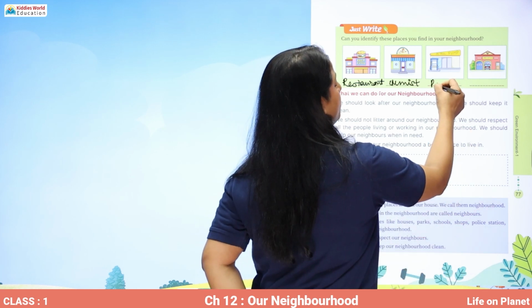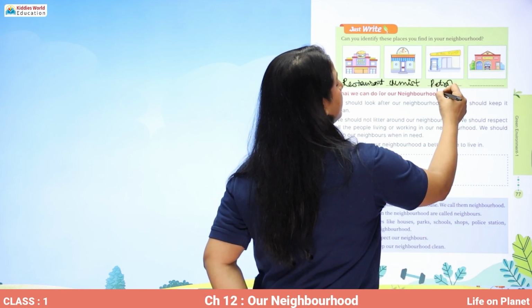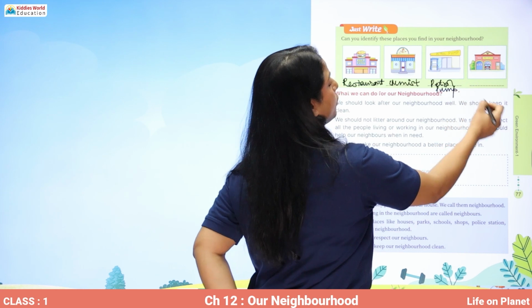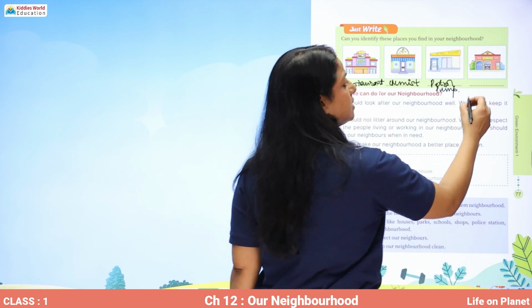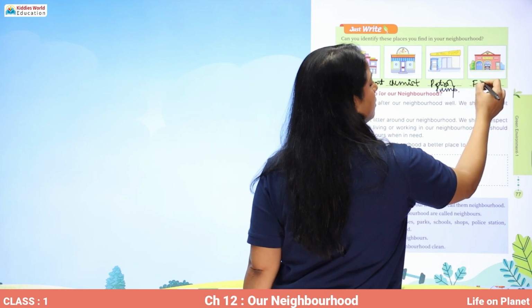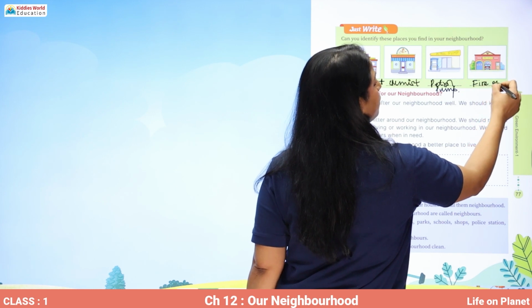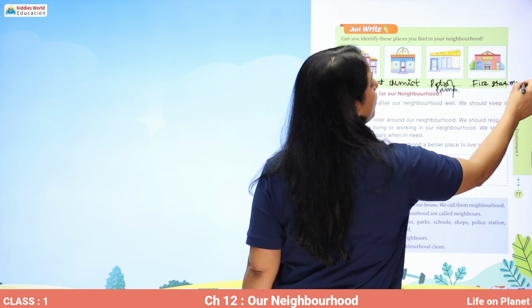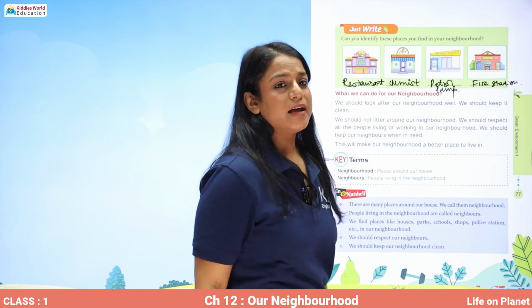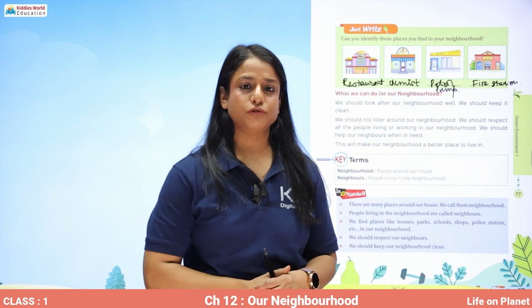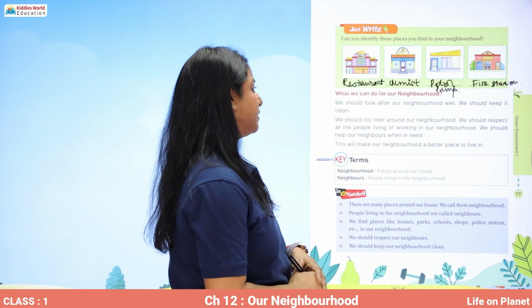This is a petrol pump from where you can get fuel for your vehicles. And this is a fire station. If fire breaks out somewhere, the fire brigade comes from the fire station to extinguish that fire.